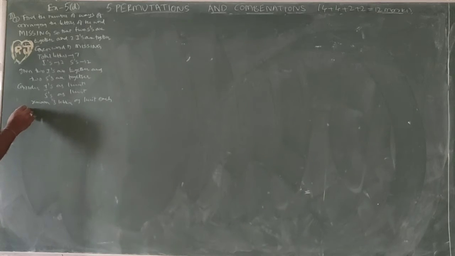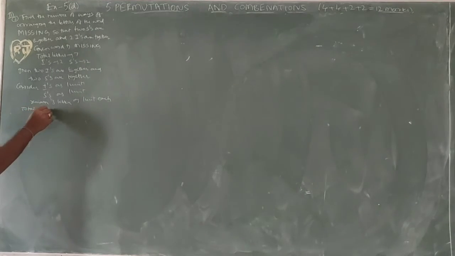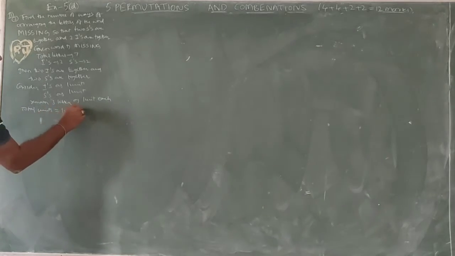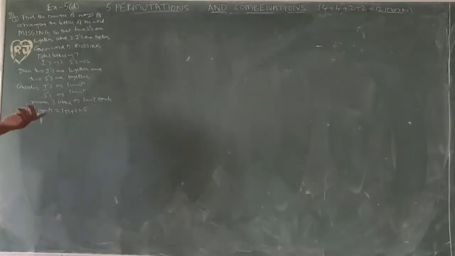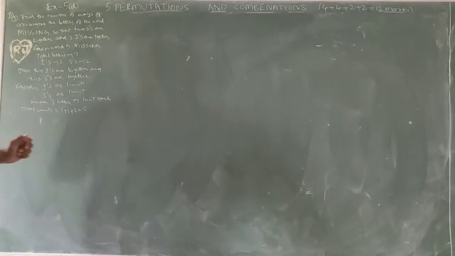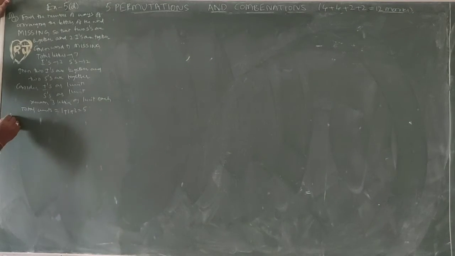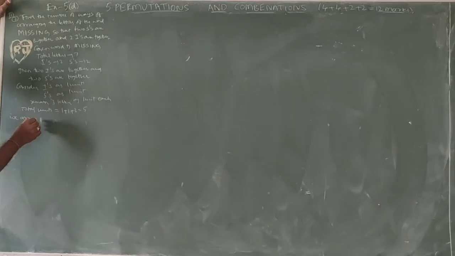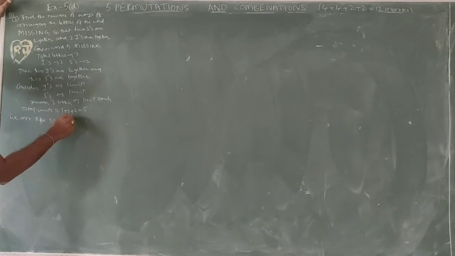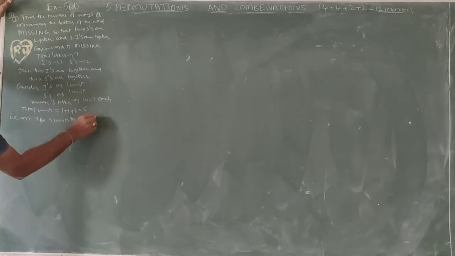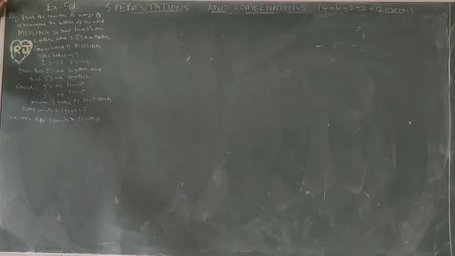Total units equal 1 plus 1 plus 3, equal to 5 units. So now we are arranging these 5 units. These 5 units can be arranged in 5 factorial ways.